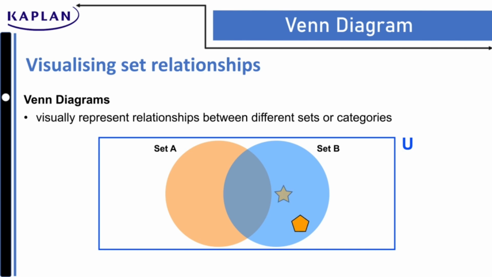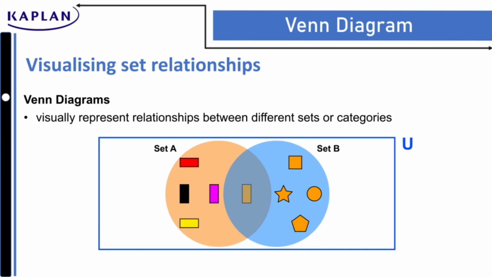We place items within the circles based on which sets they belong to. An item can be in just one circle if it only belongs to one set, or it can reside in the area where the circles overlap. It belongs to both groups.